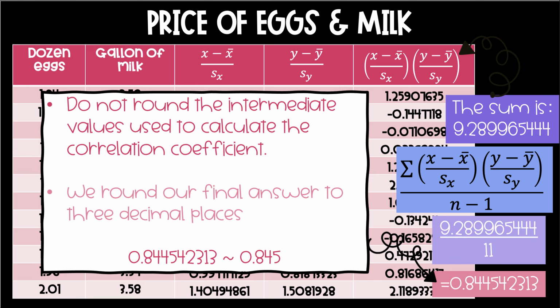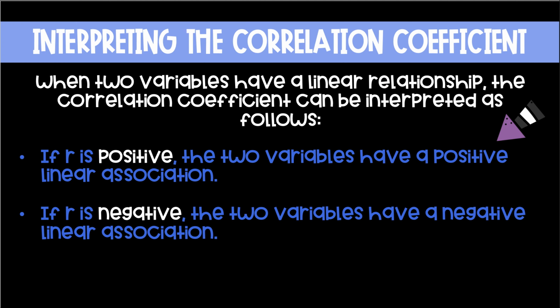Now, if you're doing it by hand, please do not round the intermediate values you're going to be using to calculate the correlation coefficient. You can just round your final answer to 3 decimal places. In this case, it will be 0.845. Now, whenever we want to interpret the correlation coefficient, if R is positive, then the variables have a positive linear association.